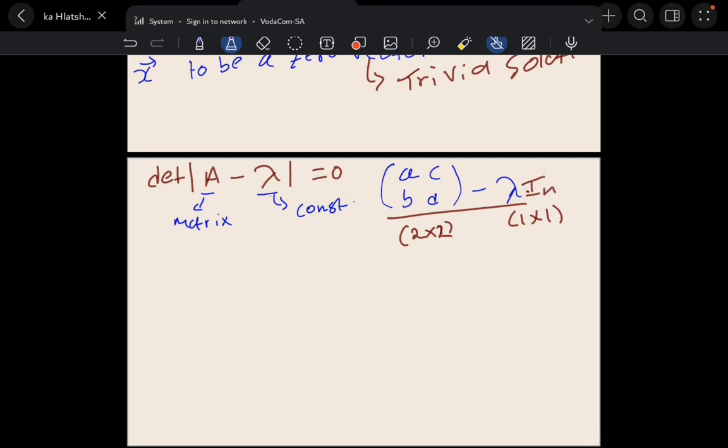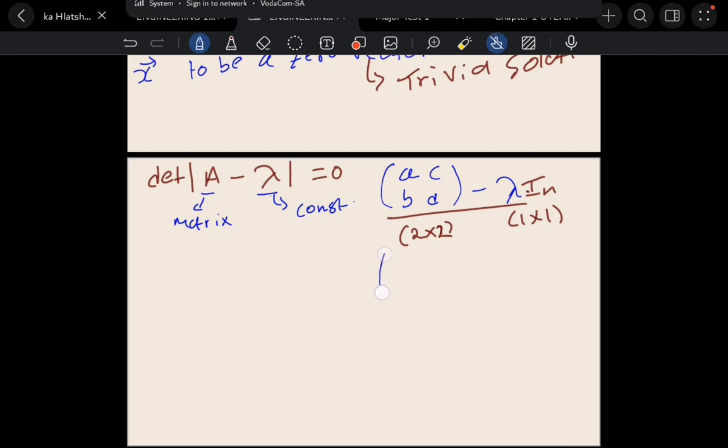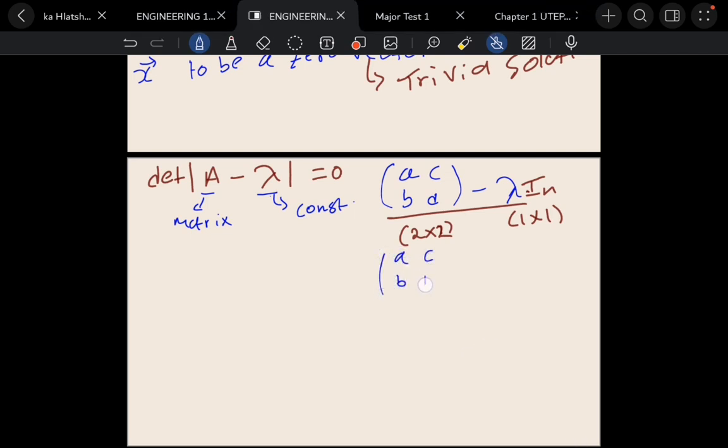So what do I mean by that? I'll have something like this. I'll have a, b, c, d minus lambda times 1, 0, 0, 1. Because if you multiply lambda by an identity matrix, actually I'm not changing anything. By multiplying by the identity matrix, I'm making sure that I can add these two things here.